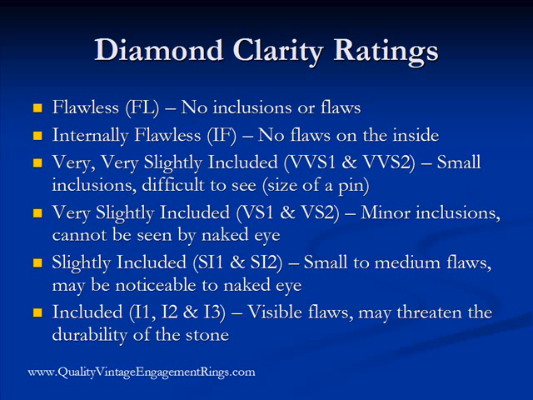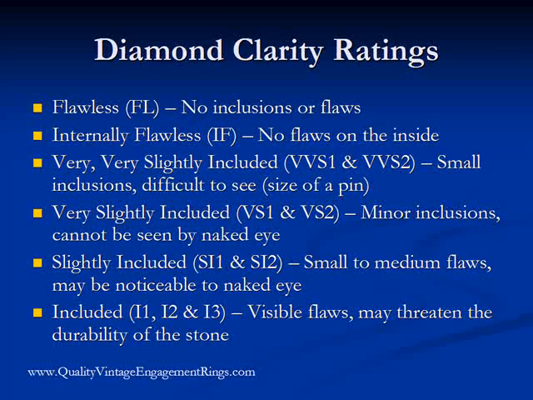And then moving along the chart, we've got slightly included, and again this is split out into 2 categories, slightly included 1 and slightly included 2. These diamonds have small to medium flaws that may be noticeable to the naked eye. So at this point, this is where we're going to start being able to see the blemishes and notice that there are some flaws on the stone, and you can see those without the magnification.